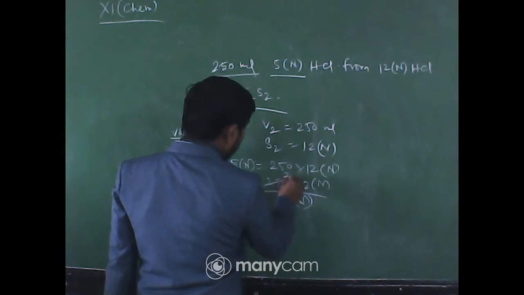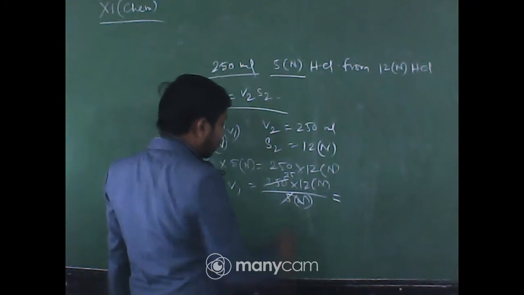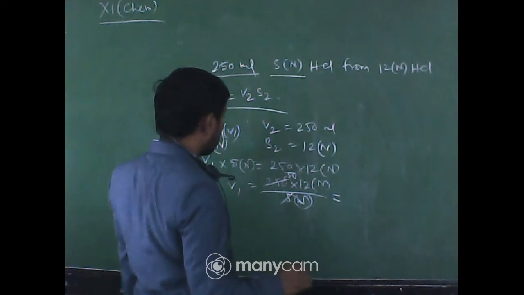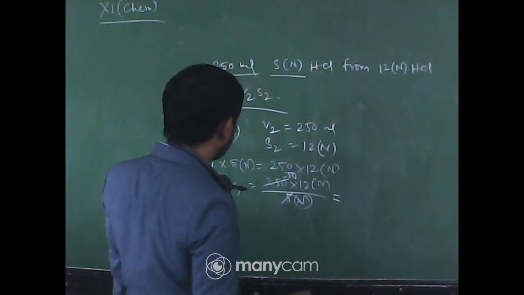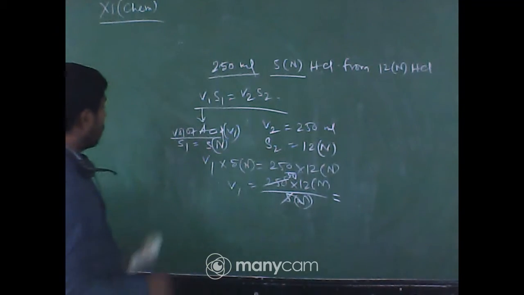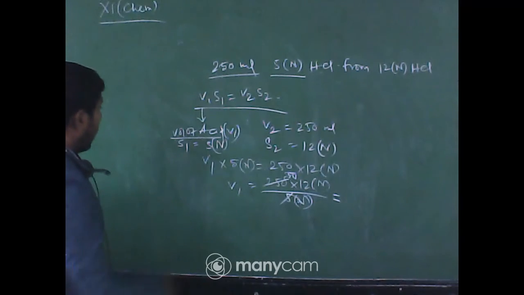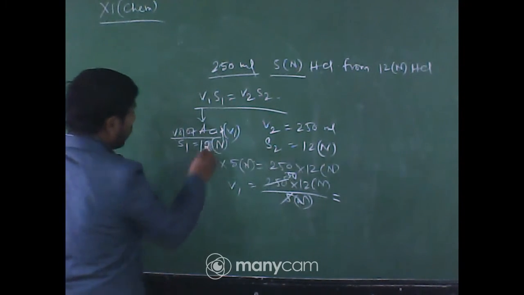Okay, there is some mistake. The volume of acid to be taken is V1, and its strength is not 5N, it is 12N.